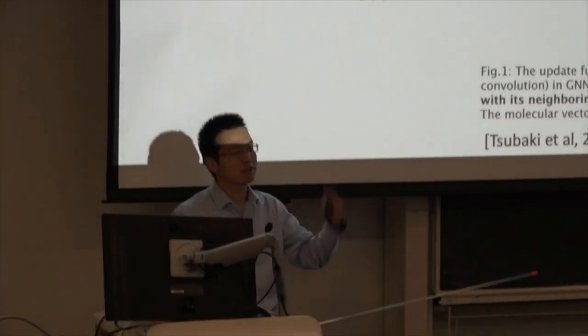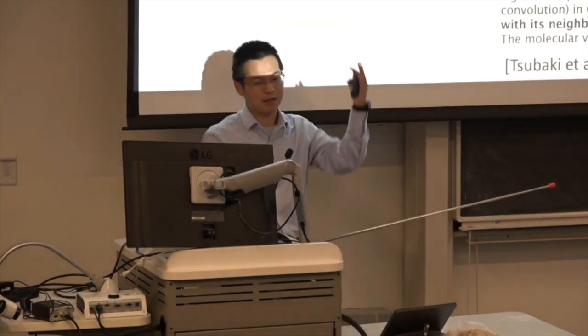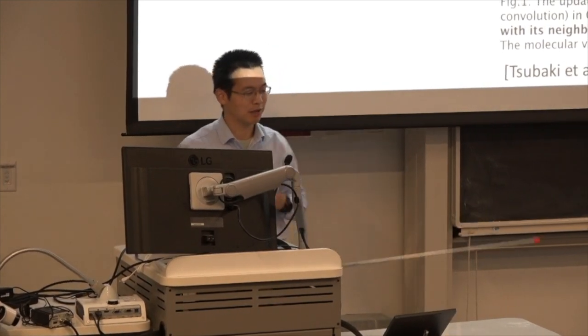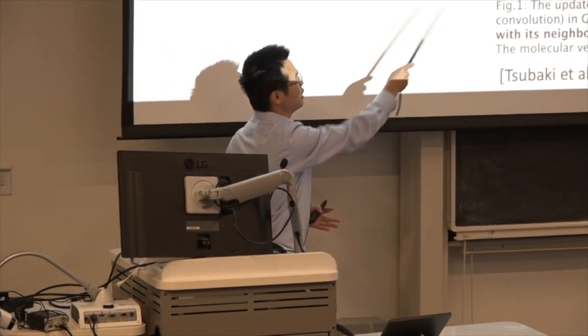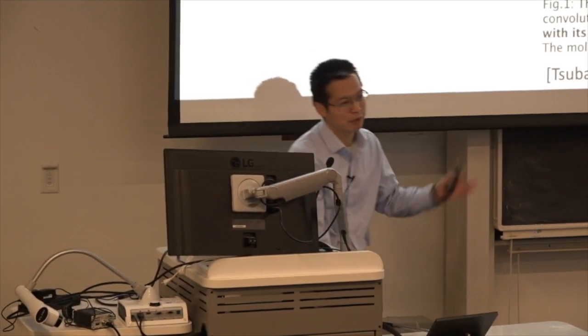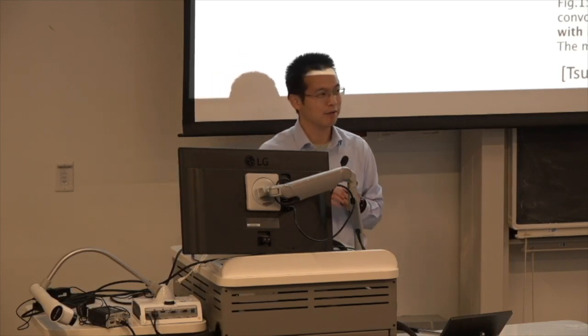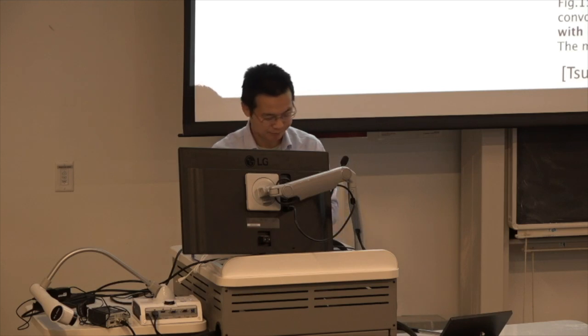And we go through this process for many layers, and then eventually we get the final representation for each of the nodes. And then we can make predictions, or we can make generations based on this. So this has been used in practice for many years.